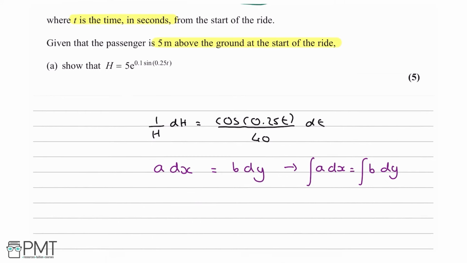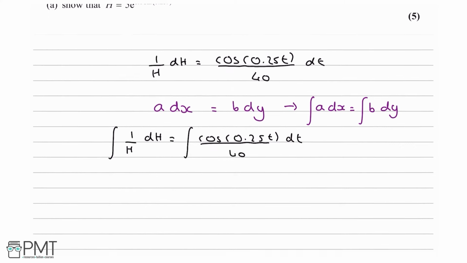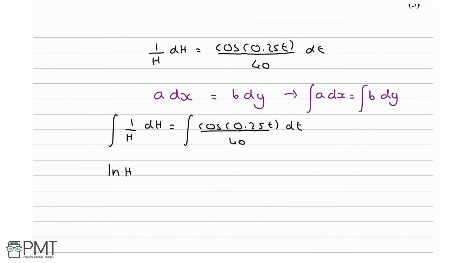So we're going to integrate both sides: the integral of 1 over h dh equals the integral of cosine 0.25t over 4t dt. The integral of 1 over h is ln h, so we have here ln h equals, and for the integral of cosine of 0.25t over 4t, we can do this by inspection. Cosine integrates to sine, so it's going to be sine of something.